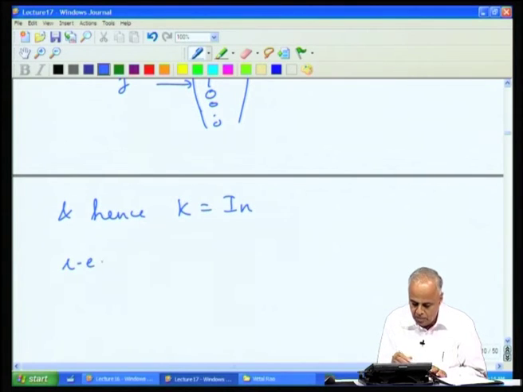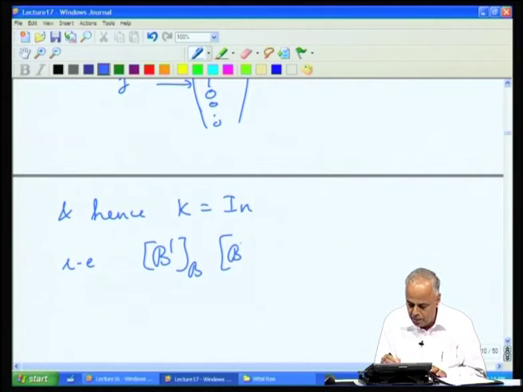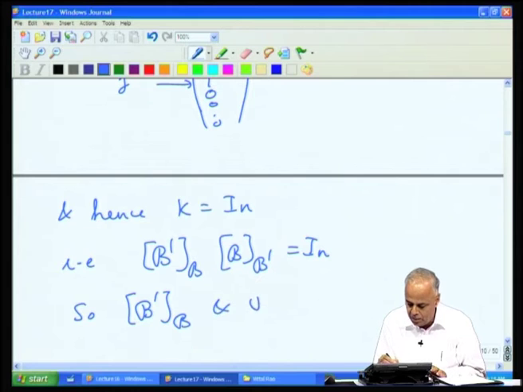That is, B_B'B into B_BB' is equal to identity. So, the representation of B' in terms of B and the representation of B in terms of B' are inverses of each other.